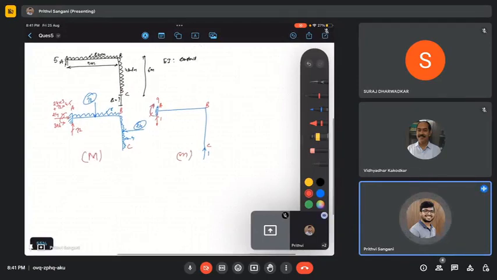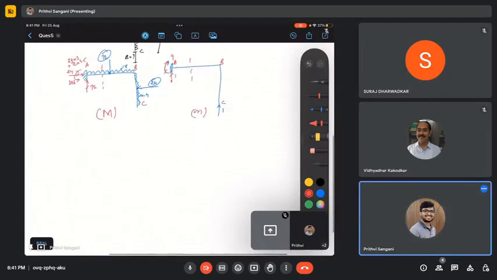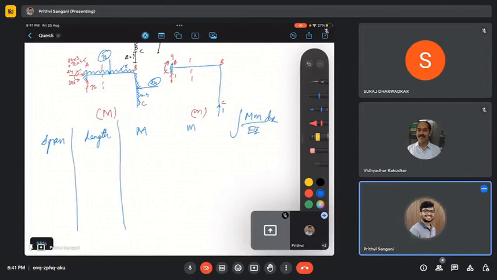Let us take the AB span in both the sections. Let me write down span, length, capital M, small m, and M m by EI dx. Span is AB, length is 9 meters.